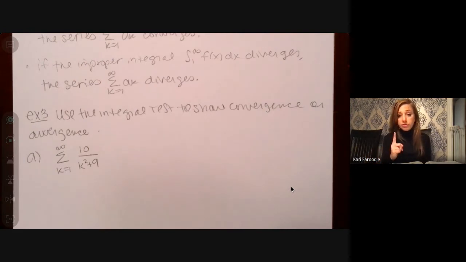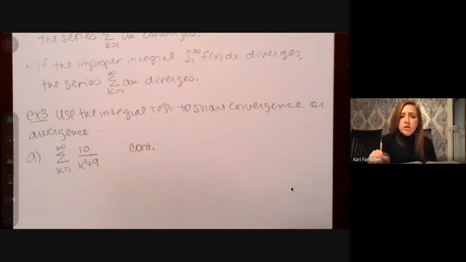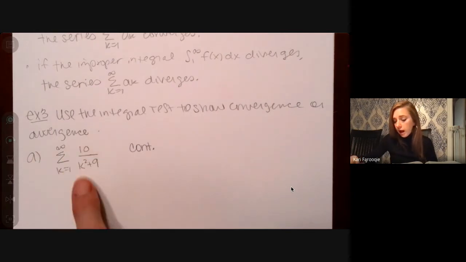I'm going to show the function's continuous, positive, and non-increasing. So I'm going to say, is the function continuous? You can even abbreviate it. What you're going to do is just make sure that there are no asymptotes occurring, no gaps in your graph. In this case, you can't possibly divide by 0 because the denominator is k squared plus 9. You can't come up with a value for k squared that's going to be -9. Not going to happen. So you don't need to worry about dividing by 0.